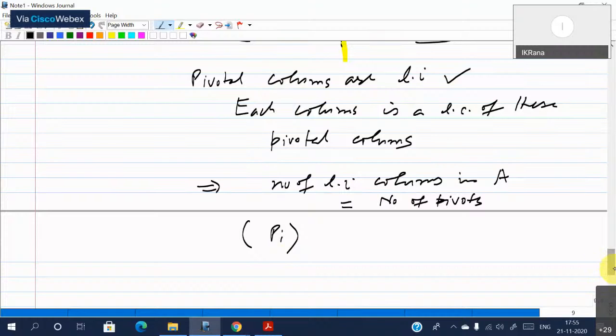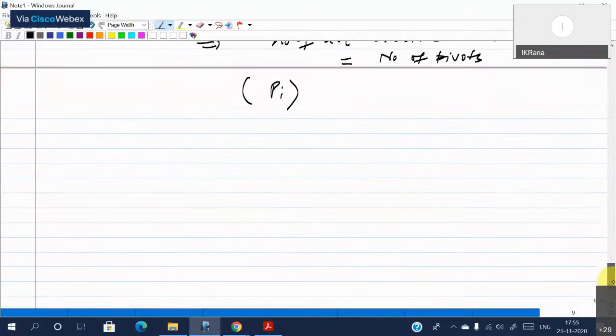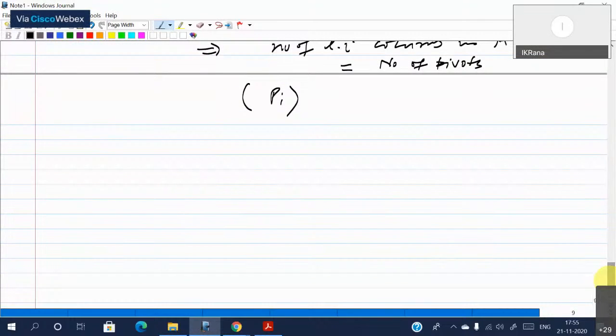And let us also make one more observation, namely look at the row space. So that looks like R1, Rn, and R, say, and 0 here.